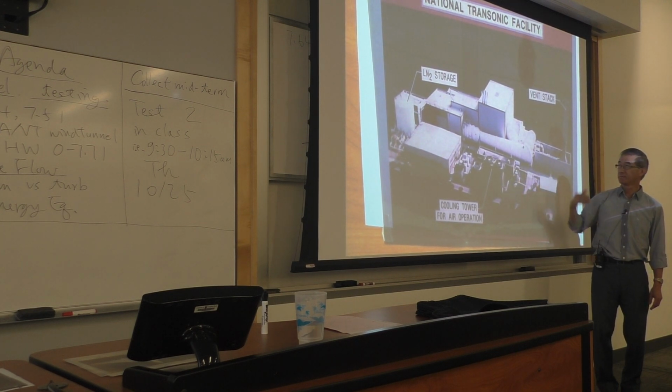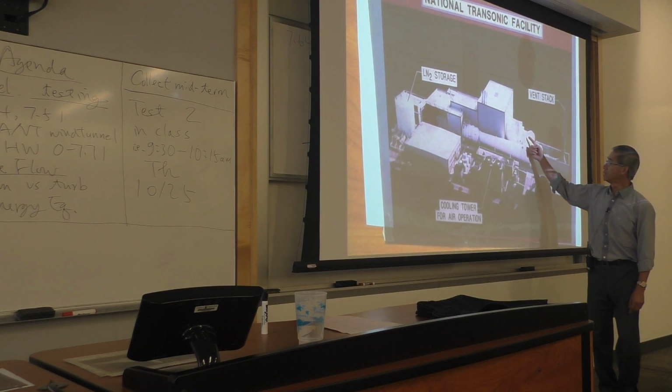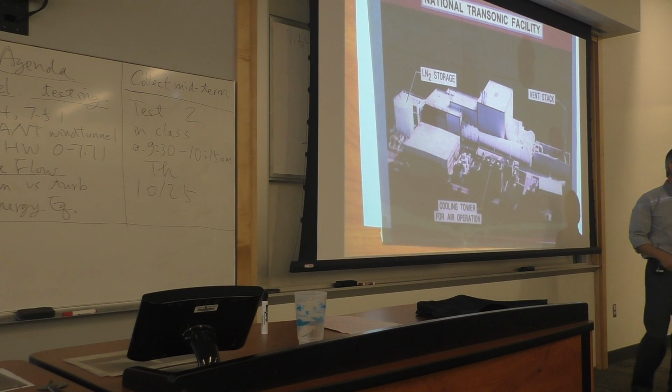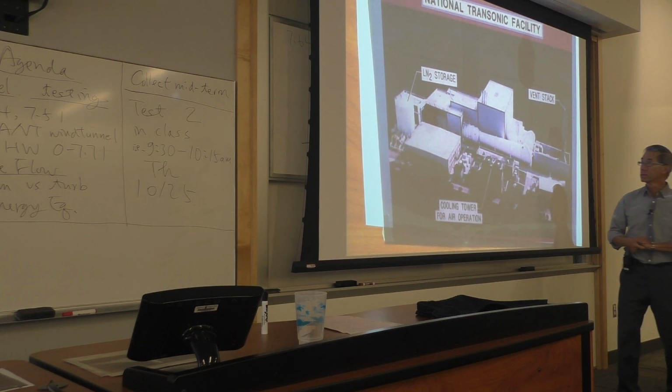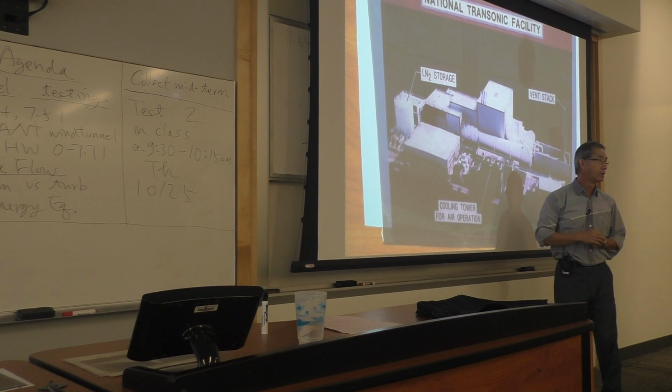So this is maybe 2 times a football field. And all this white color material is insulation. The control room and the test section is in this building right here.